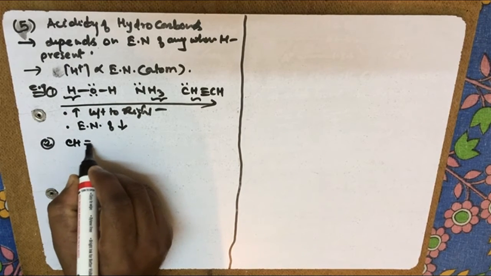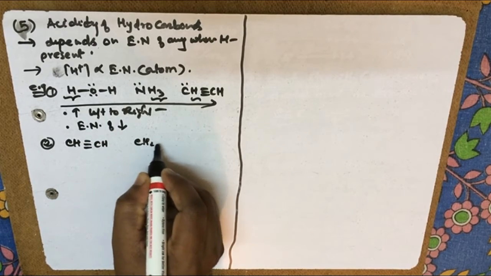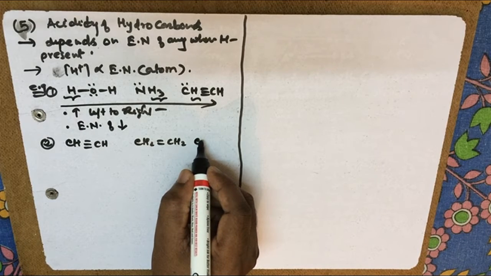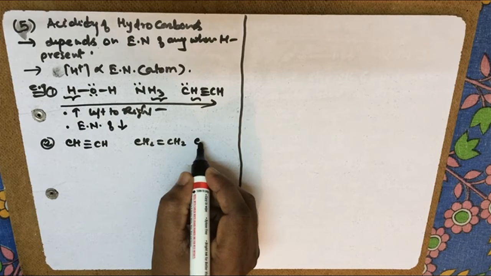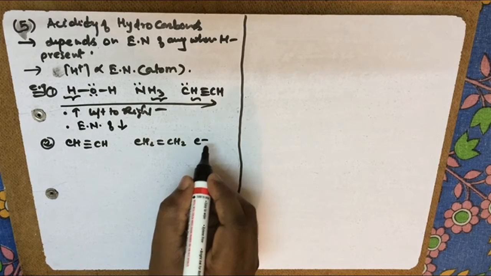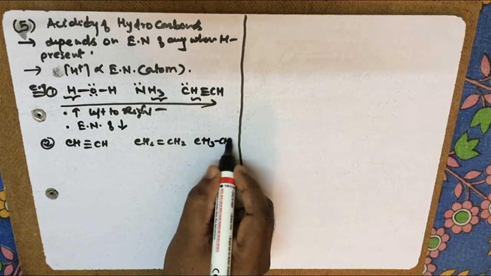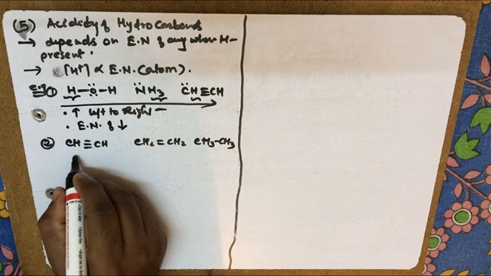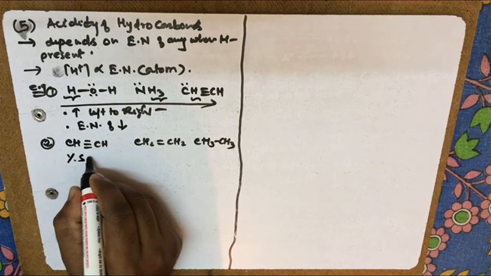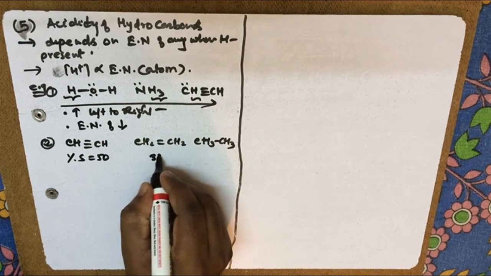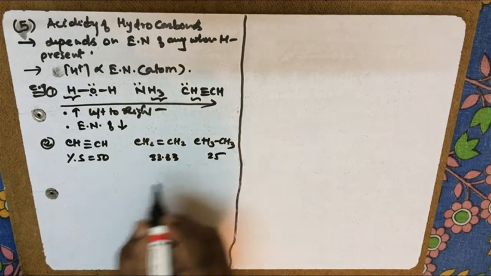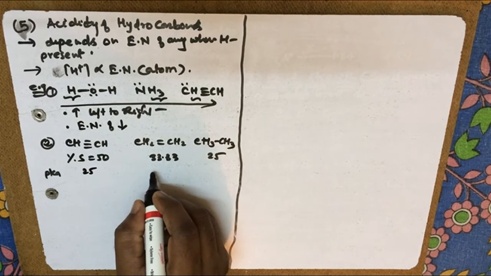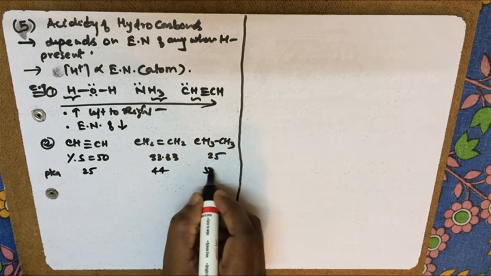Now if you consider second example, this is first, second. If you see here, the percentage of S character is 50, here is 33.33, here is 25, but the pK value, which denotes acidity, is 25, 44 and 50.